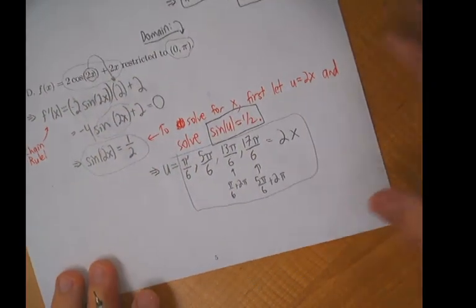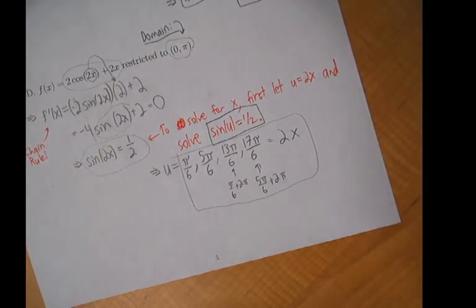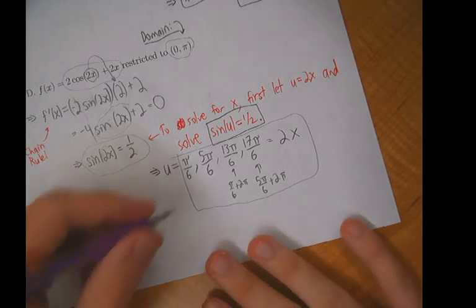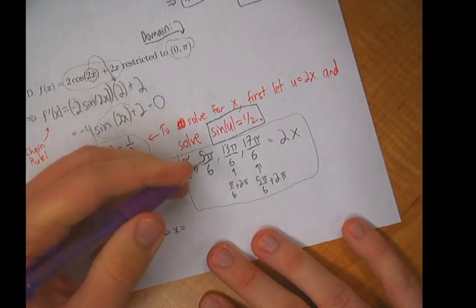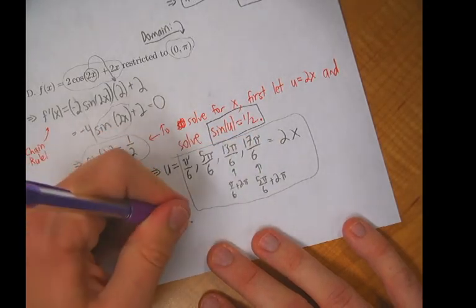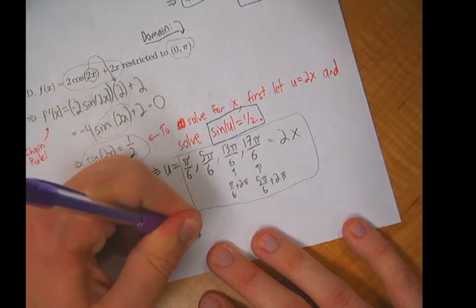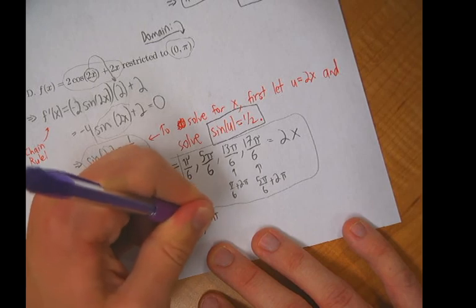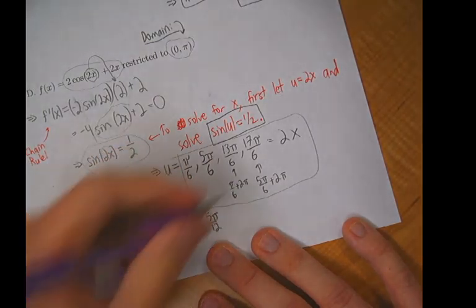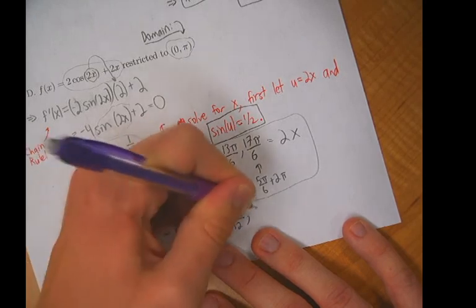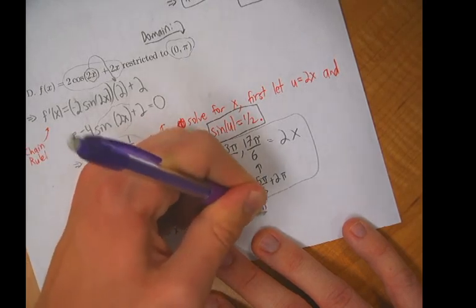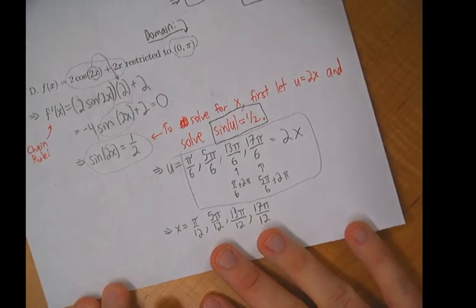So if you want to ultimately solve for x, just divide by 2 on those solutions. So x can equal pi over 12, 5 pi over 12, 13 pi over 12, and 17 pi over 12. Okay?